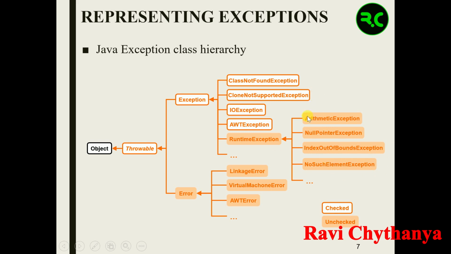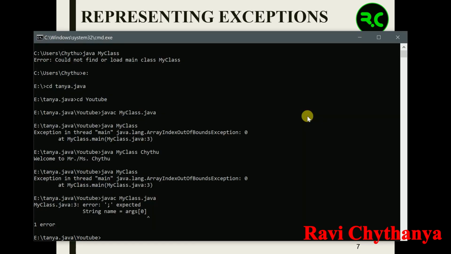Okay, so let me show you an example here. So this is a checked exception, because an error is going to be checked before runtime, at compile time. At compile time itself we can find out whether there is a problem with our code.